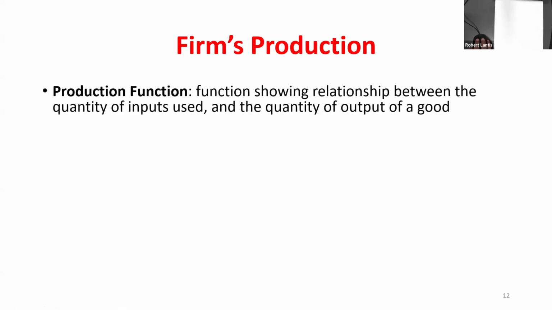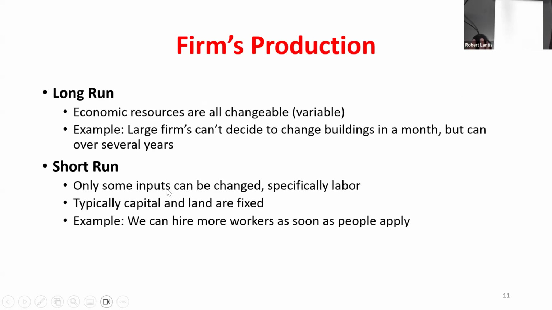Okay? So with this idea in mind, we're going to focus on the short run first and think about what is the thing we can change in the short run. We can hire and fire workers. And as a result, what are workers doing? They're generating additional product. So if I hire more workers, I can produce more units of my good. If I fire them, I can produce fewer. And this doesn't have to be physical products.